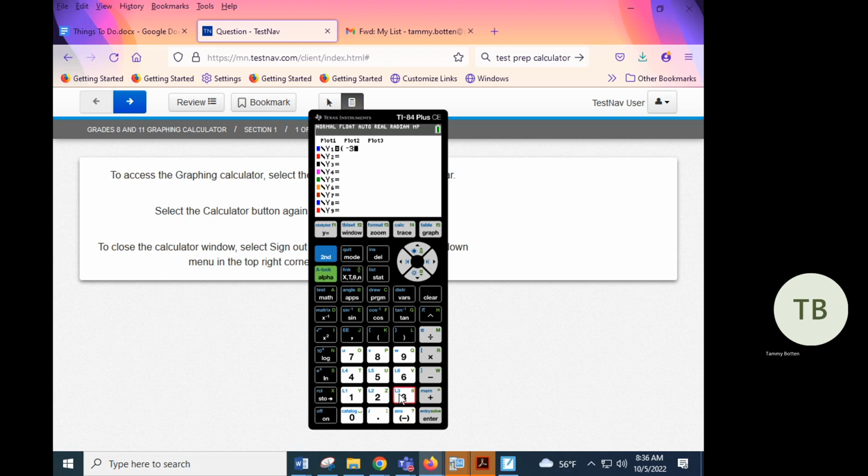Parenthesis, -3 divided by 4, parenthesis. And then it was x. X is right here. It's to the right of the green alpha. Okay, and then was it -4? -3, and then -3. Didn't I get the graph to go through -4 when I graphed it?